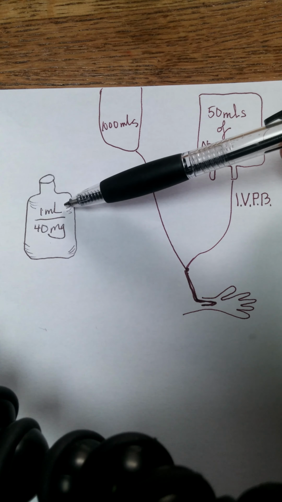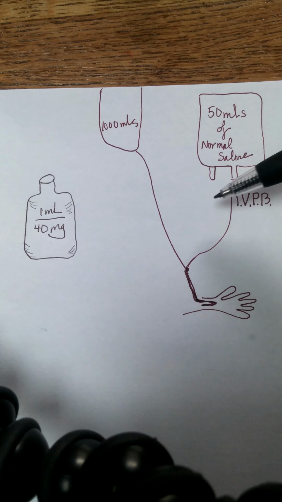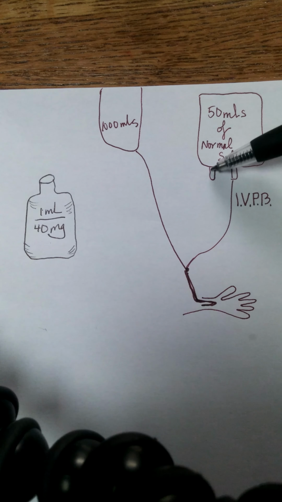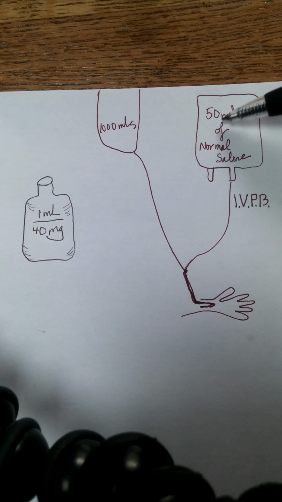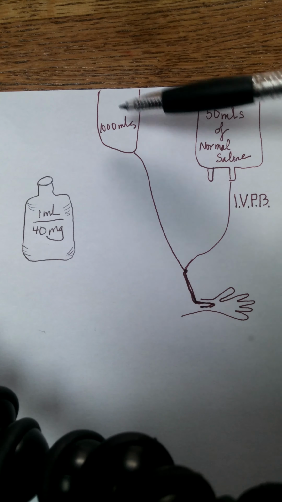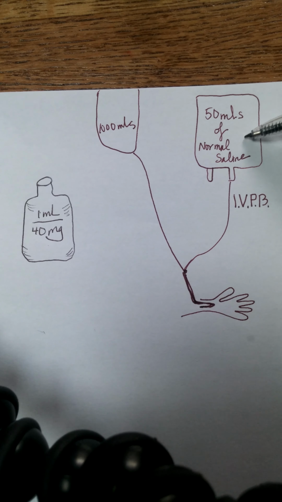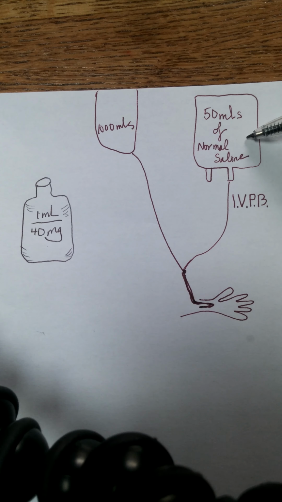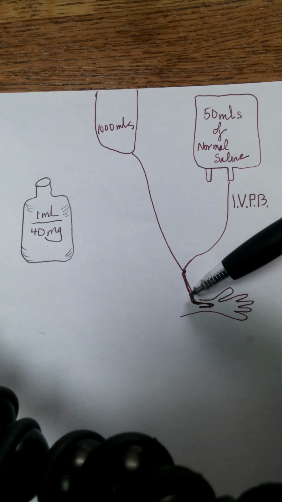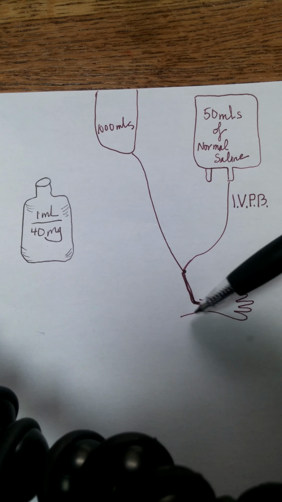So 2 mLs came out of this vial. You injected it into this bag. Then you hooked this bag into the main IV line. And you put this on a pump at 100 mLs to the hour. And over 30 minutes, it infused into the main IV line into the patient.